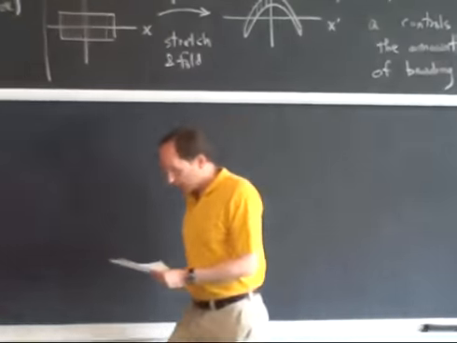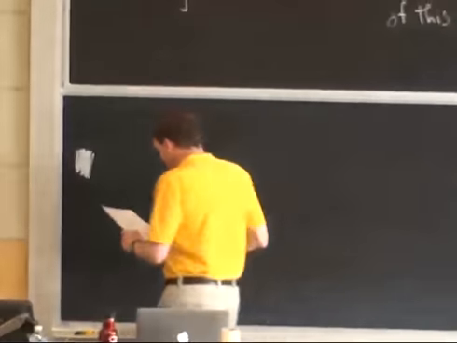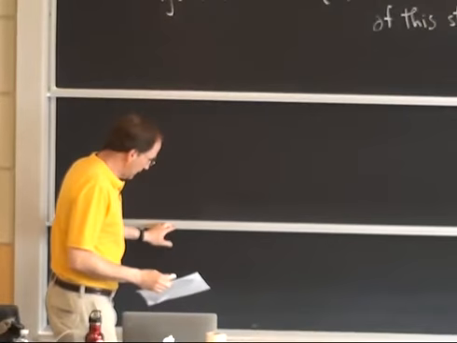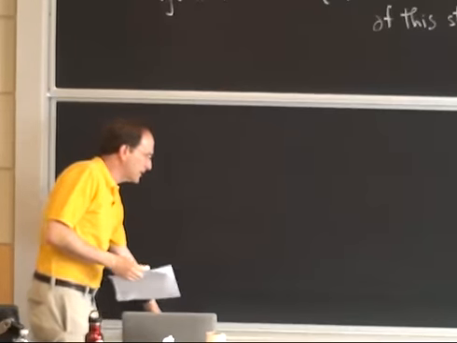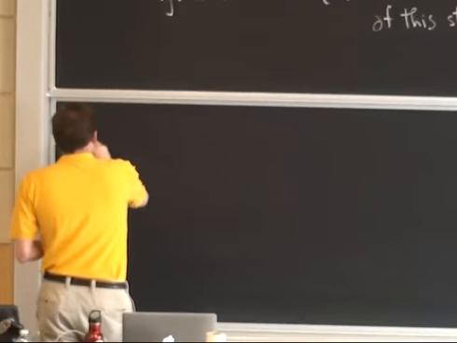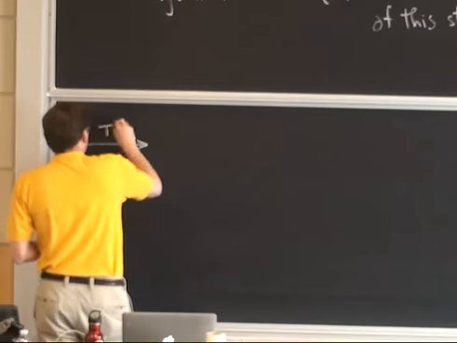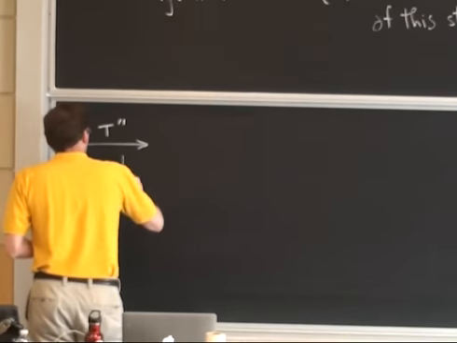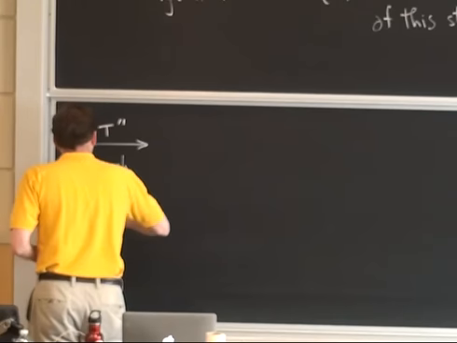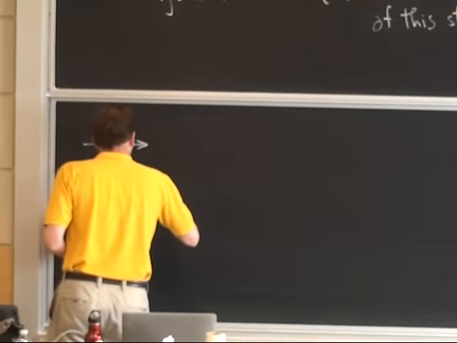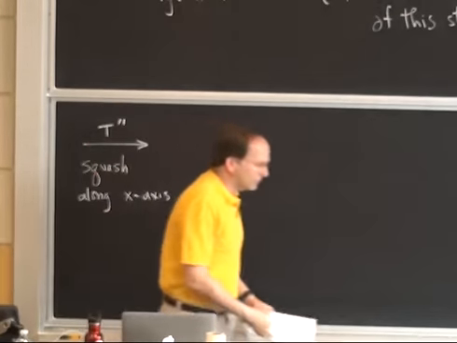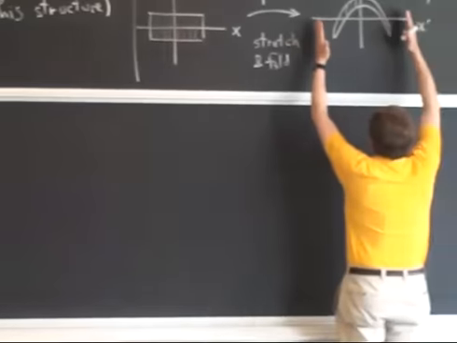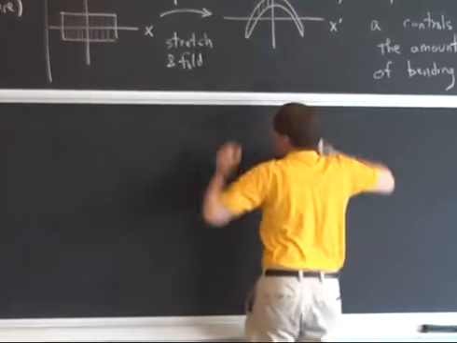Next, Hénon takes that and squashes it along the x-axis. Not totally squashes it, but just compresses it. The next step will be, we'll call it T double prime, which does a squash. So if you could imagine doing it with physical stuff, you'd just take your hands like that and push it in.